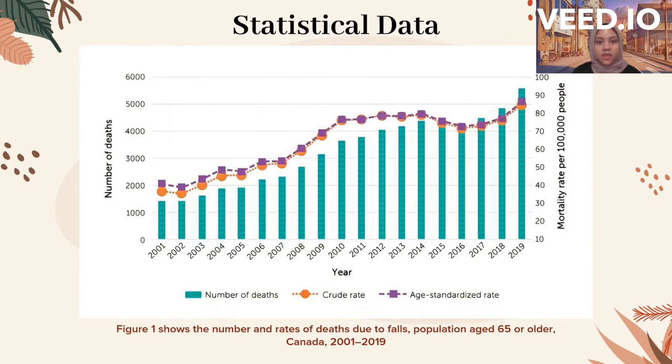And in 2019, 5,581 older adults died because of a fall. During the 2001 to 2019 period, the age-standardized fall mortality rates rose from 41.0 to 86.4 per 100,000 people, showing a 111% increase. Therefore, there are enough reasons as to why this vest is necessary.